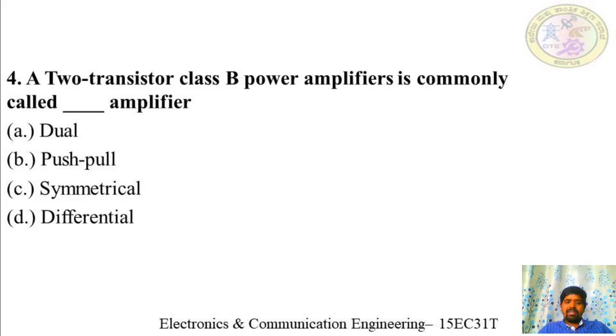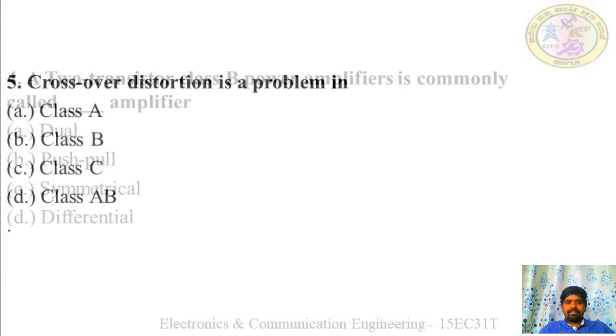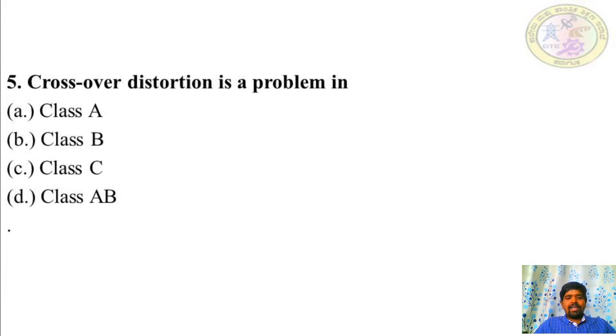So the answer is B. Another direct question: crossover distortion is a problem in which type of amplifier? Yes, you can guess the answer. The answer is that crossover distortion is a problem in class B amplifier.